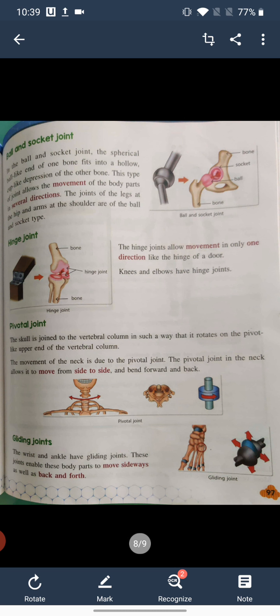The joint which allows only a limited movement due to the sliding nature of cartilage is called a gliding joint. Movable joints of the backbone are gliding joints.